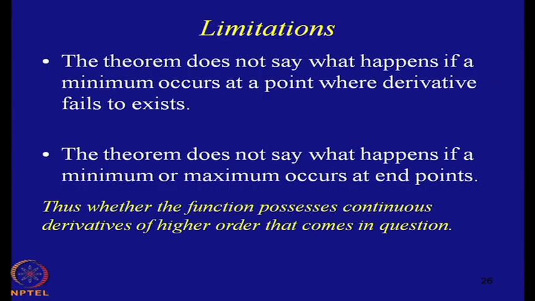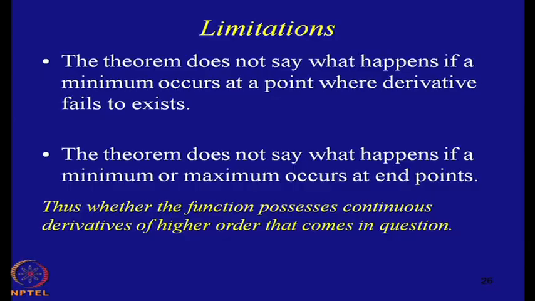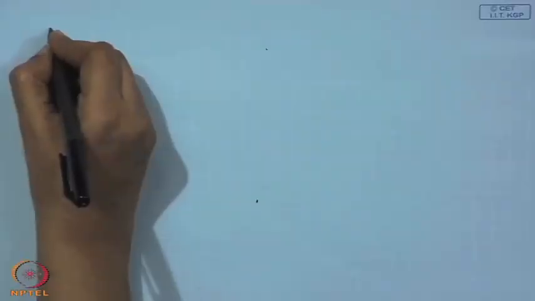And not only that, I should mention here as well, whatever classical optimization we have learned till now, we did not say anything about global optimality. That is why global optimality is another topic we need to study further. In this connection, let us take a very interesting function and see what is happening for this function.